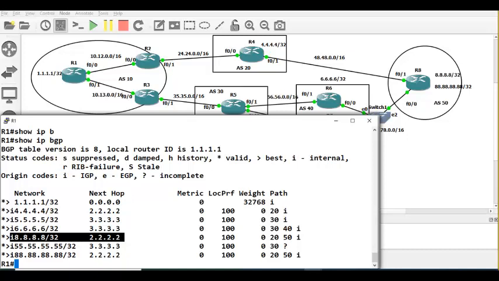No, before that. For a route to come into the BGP table, what will BGP check? It has to have a valid next hop.